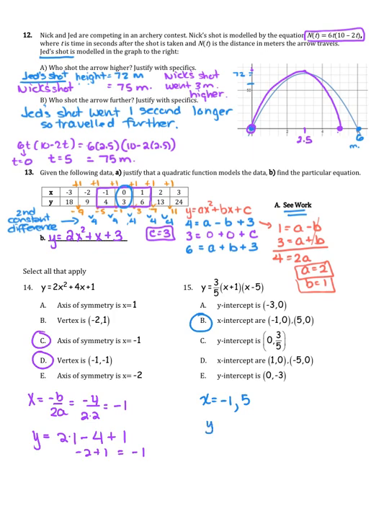For the y-intercept, we're going to have to plug in x equals 0 to figure that out. So this will be 0 plus 1, times 0 minus 5. So that gives me 3/5 times -5. Those will cancel, and I'll get a -3. So the y-intercept is going to be (0, -3), and I believe that's it.